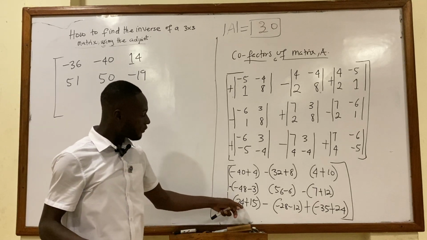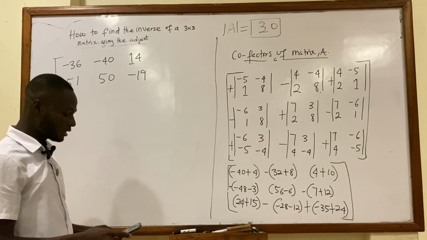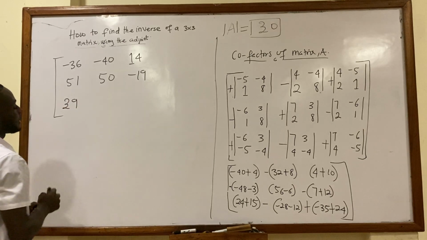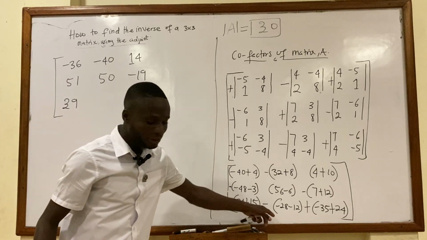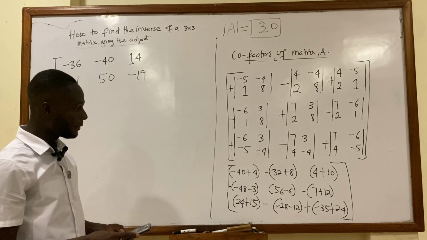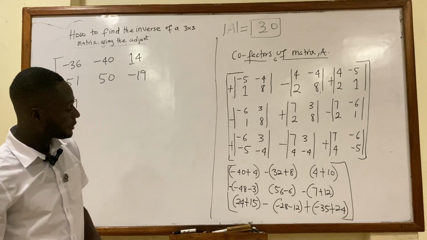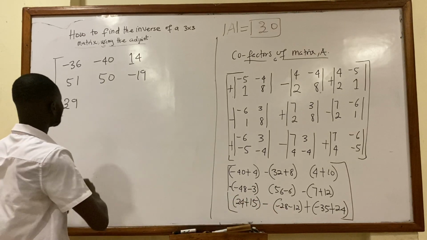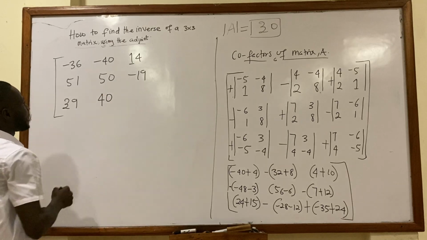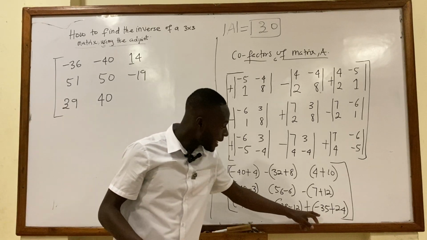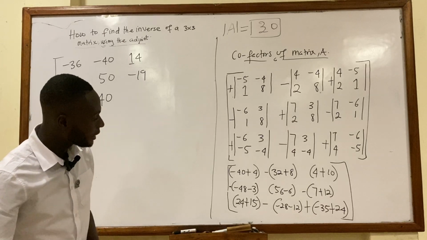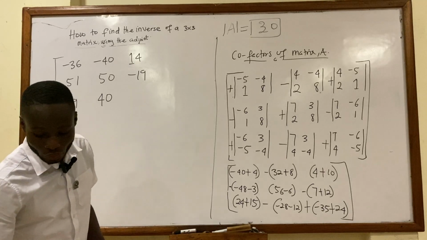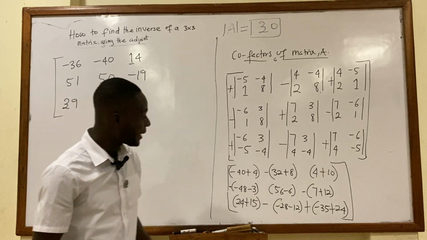And then 24 plus 15, that is 39. And then the second element on the last row is going to be minus 40, but there is a negative affecting it, so it's going to be 40 over here as well. And then the last element on the third row, which is minus 35 plus 24, that is minus 11.